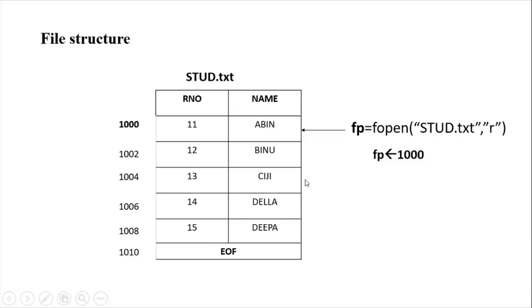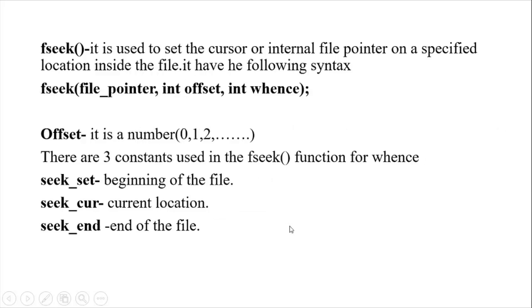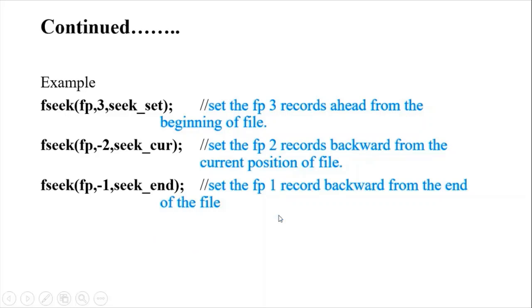From the current position, if the offset value is minus, the cursor will move backward. If the offset value is positive, it will jump forward. That is the difference. So fp, minus 2, SEEK_CUR means from the current position, it will jump 2 records backward.